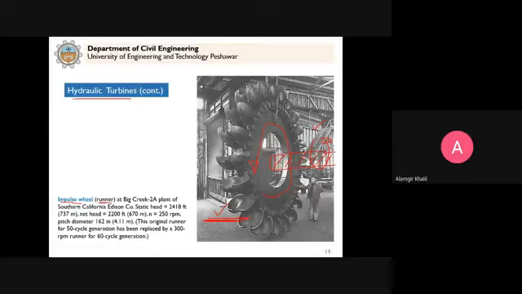So you can see the size of this impulse turbine as compared to the size of the average person, and you see the diameter of this runner, the number of buckets, the size of buckets, so that is basically the design aspects of the impulse turbine.